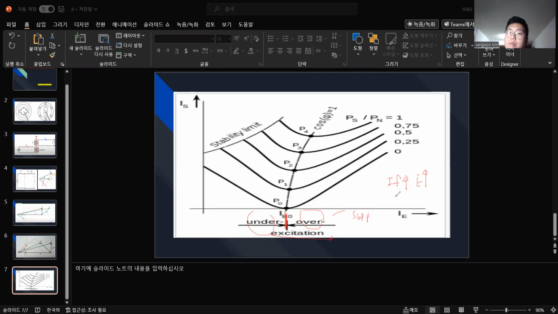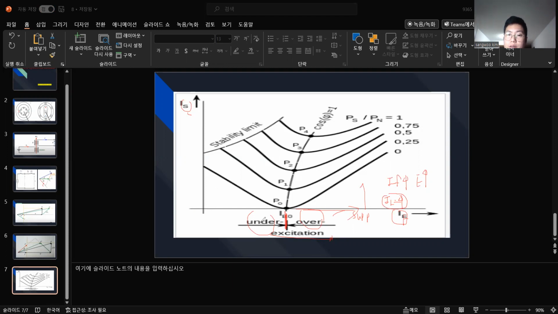And the same result is I load is also increased. So IF is increased and IL, I load, is also increased.